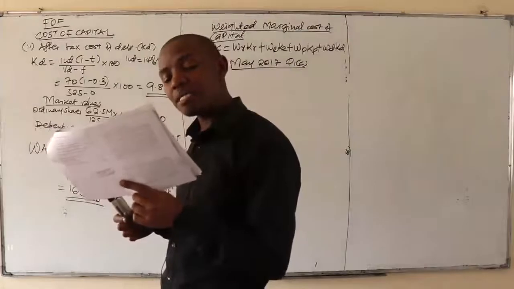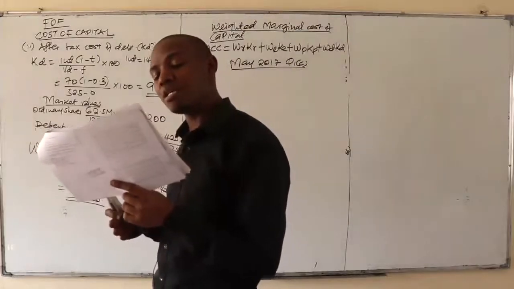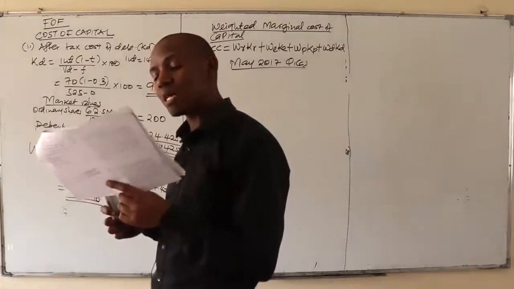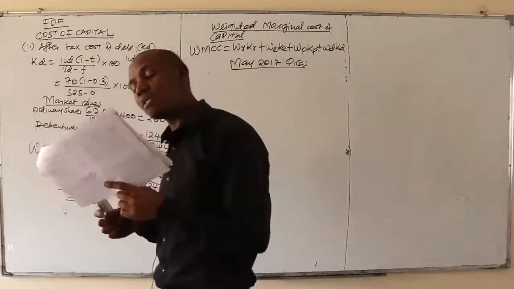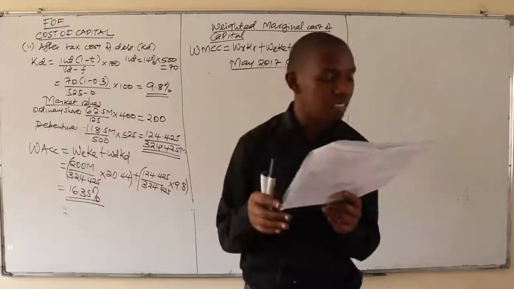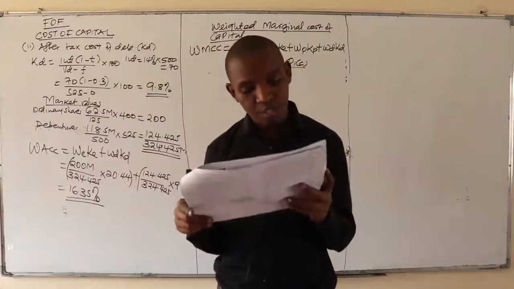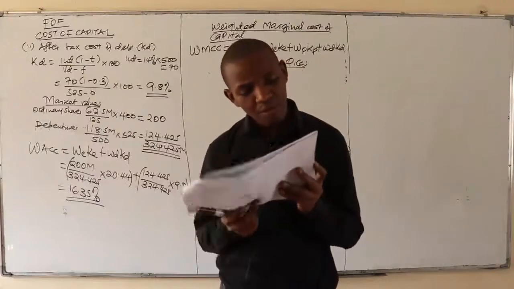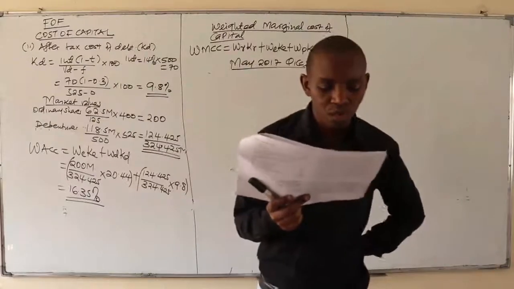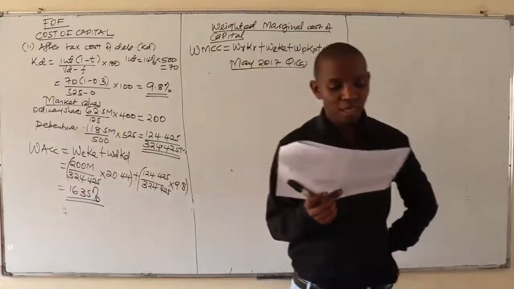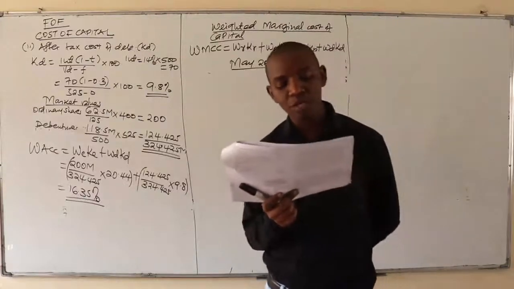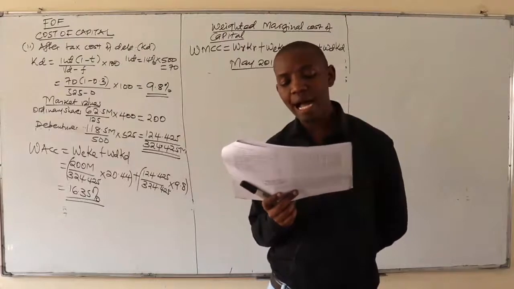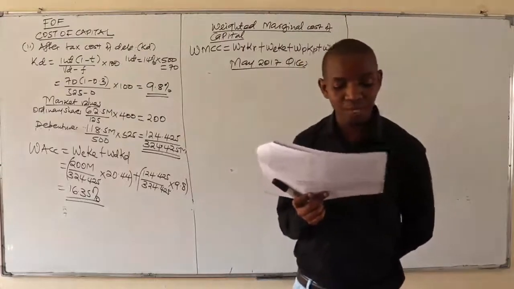The firm pays a constant ordinary dividend of 2 shillings per share, and this is expected to remain constant for the foreseeable future.